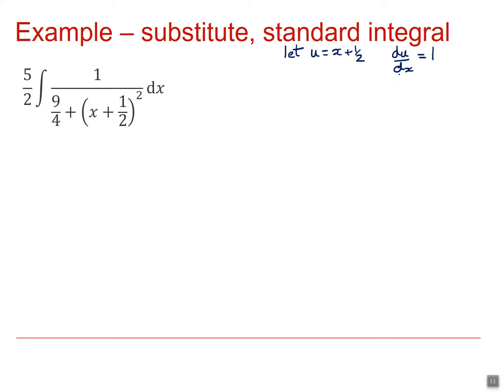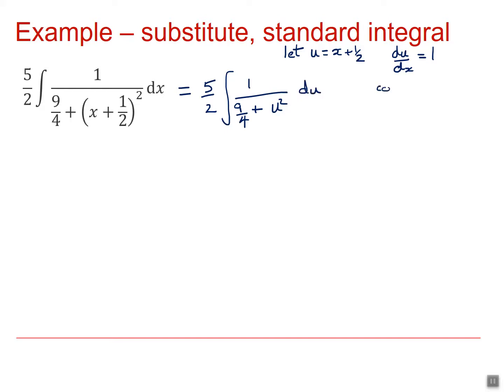So when I do the substitution, du is equal to dx. So I can now do the substitution. This is going to be 5 over 2, the integral of 1 over 9 over 4 plus u squared du.